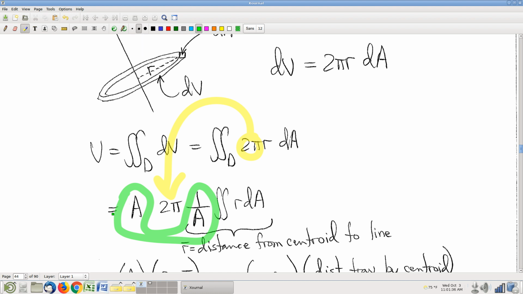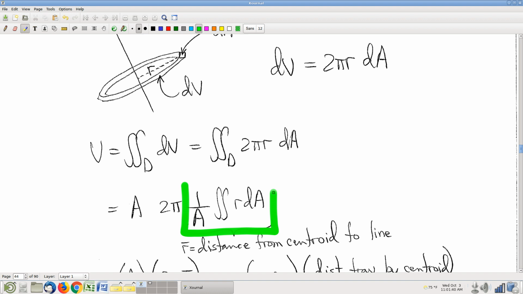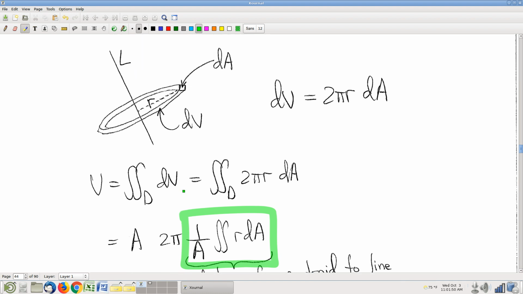And then look at this expression and observe that it looks just like the formula for a centroid. I mean, it's not exactly. This radius is off in some direction, but if I were to call that an r-axis and then turn your head to the side so it looks like the x-axis, that's morally equivalent.